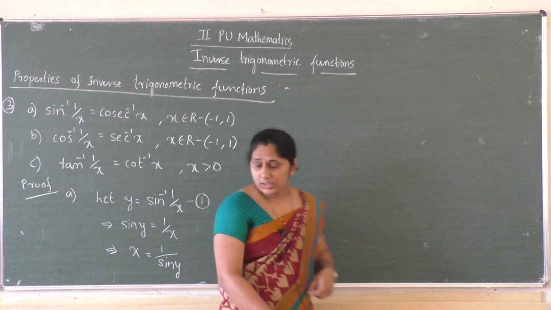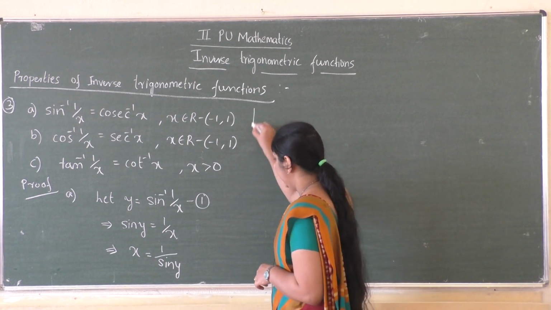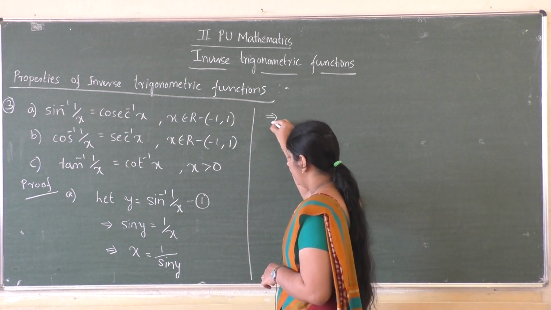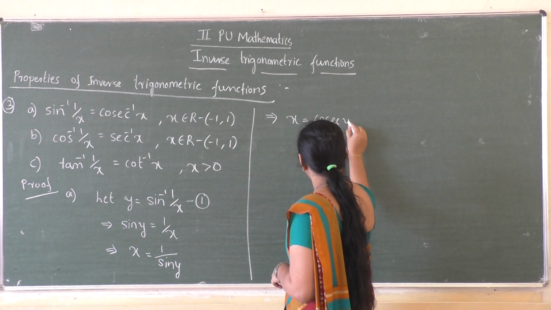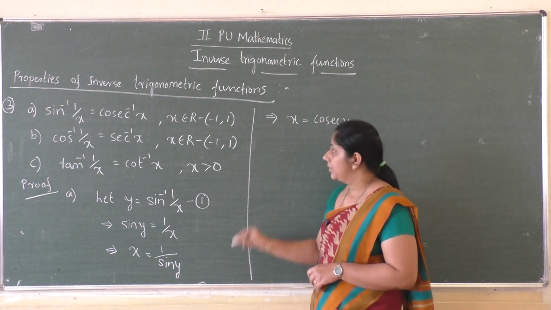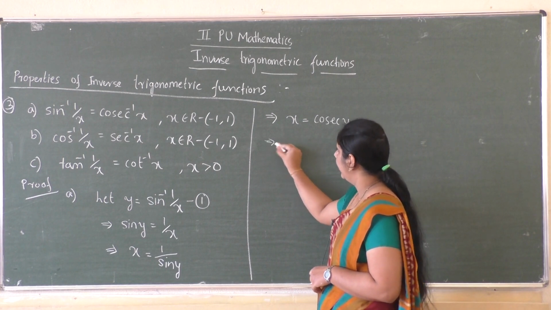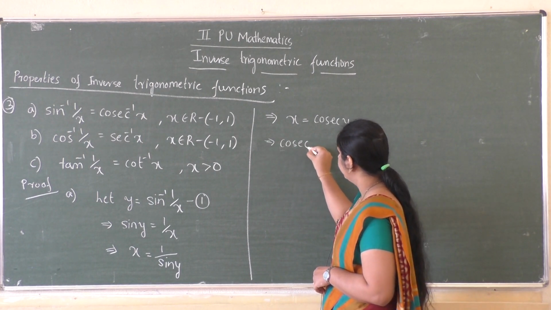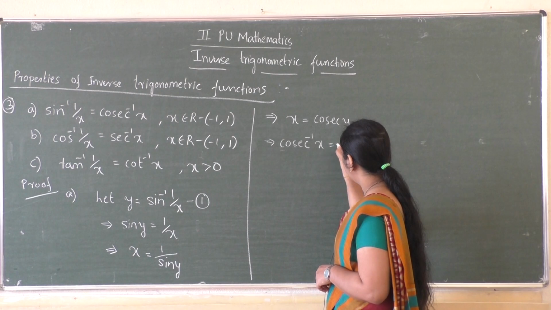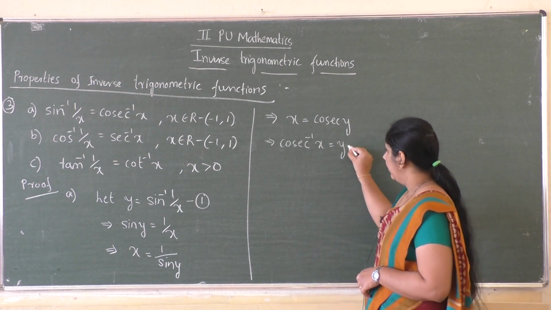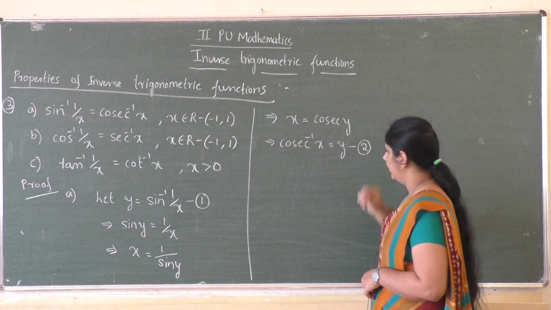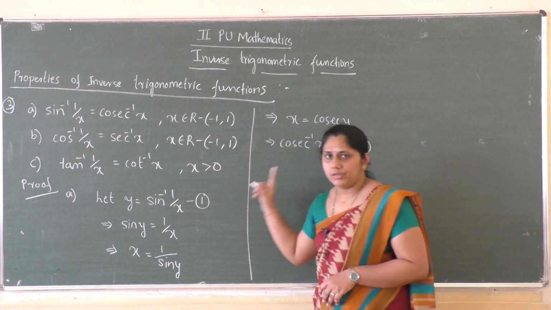Now what is 1 by sin y? 1 by sin y is cosec y. So if x equal to cosec y, that implies cosec inverse x equal to y. This is already we studied. I will take this as equation 2. Now see both equation 1 and 2.